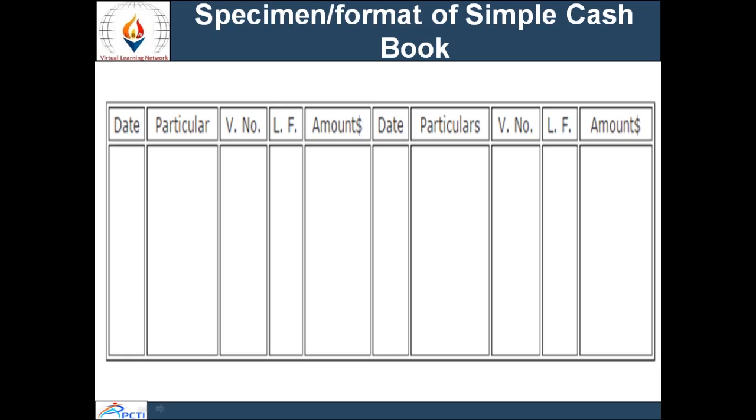Again, when money is paid to the creditor or supplier, a receipt is obtained from him, which is called a payment voucher. Cash transactions are recorded in the cash book on the basis of receipt vouchers and payment vouchers. Thus, a document evidencing cash receipts and payments and forming the basis for making entries in the cash book is called a cash voucher.